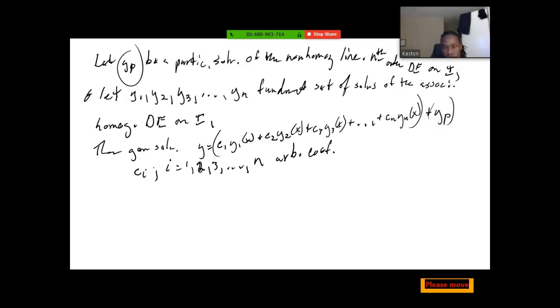Now, what we call these, we don't call it general anymore. It was a general solution for your homogeneous case, but it's no longer a homogeneous system. It's a non-homogeneous case.